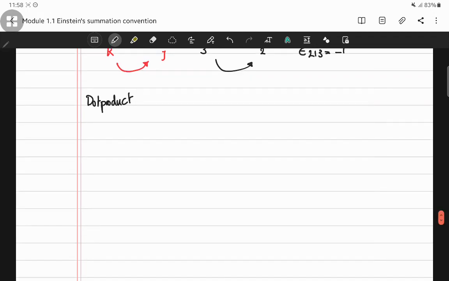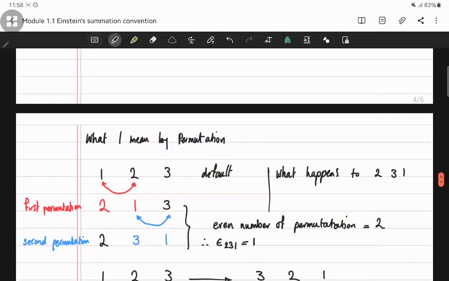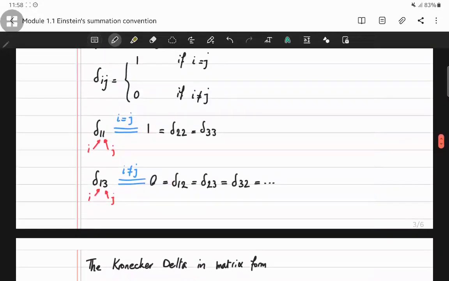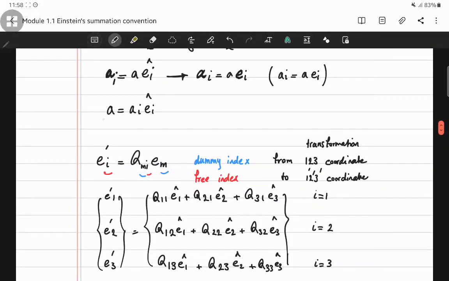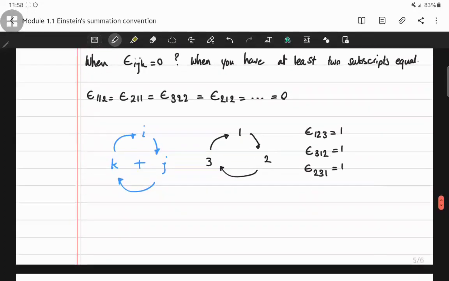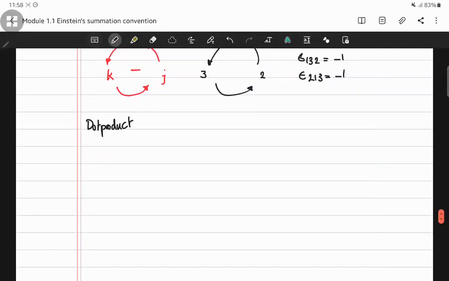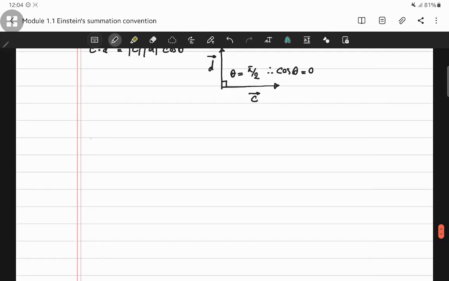So the dot product says that if you have a vector, we defined a vector here, it can be written in the form of a vector. So if you have two vectors here and you want to find the dot product, let's say you have a dot b, and these are of course two vectors.